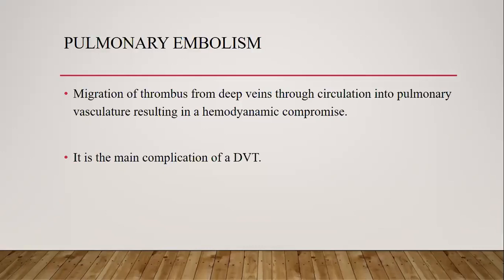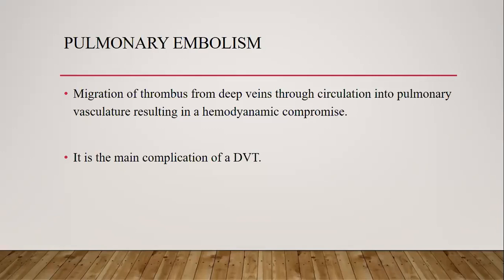A thrombus is a combination of blood clots. So you have red blood cells being held together by platelets, and then red blood cells and platelets, so you form something like a clot. If this clot is stabilized at one place, then you say that the patient has thrombosis.